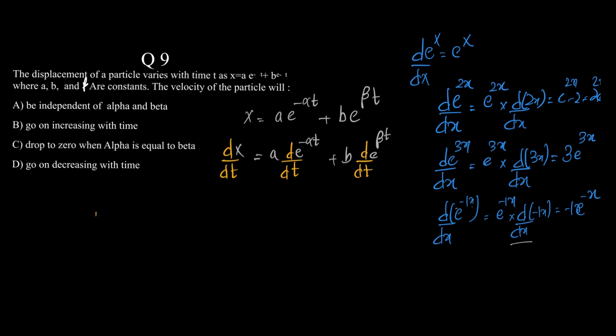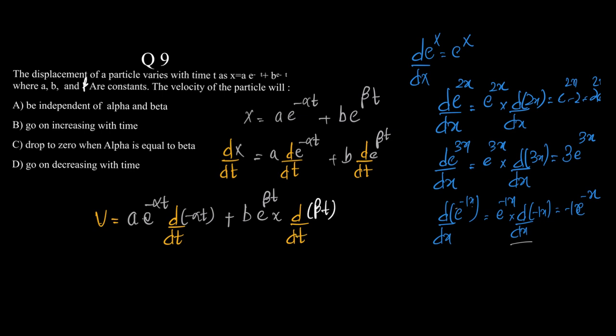So dx by dt, that is v, is equal to a into, what is d by dt of e raised to minus alpha t? It is e raised to minus alpha t into d by dt of minus alpha t, plus b into, what is d by dt of e raised to beta t? It is e raised to beta t into d by dt of beta t.